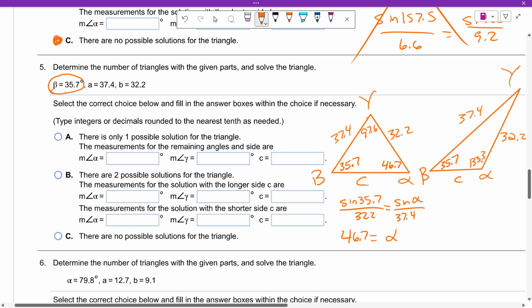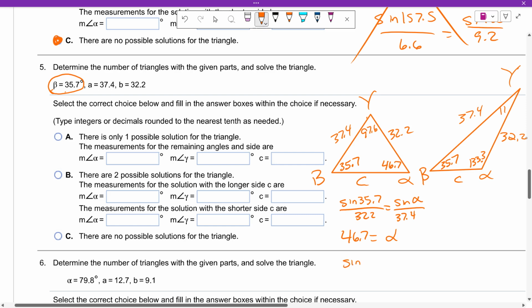Am I right? Okay, I don't hear anybody arguing with me, so must be right. This is 169, so this is 11 up here. And you just do law of sines to figure out the other sides.